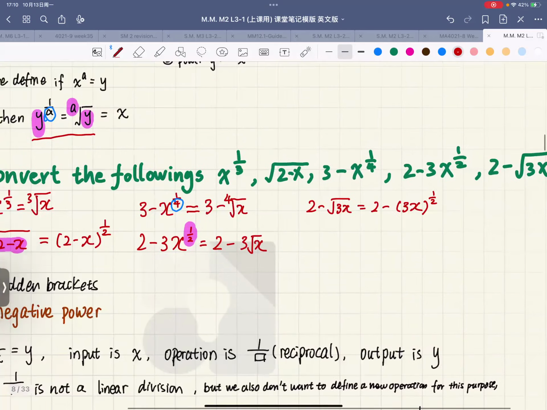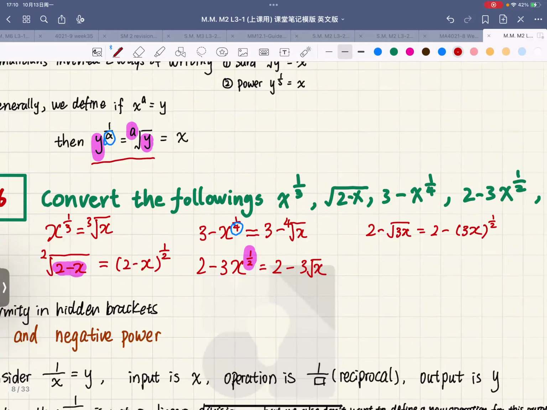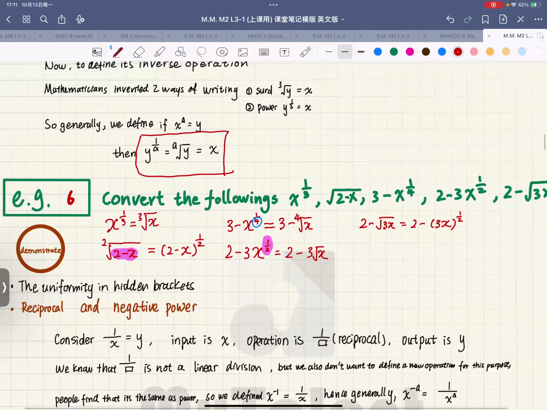Basically, we use this formula. I think you should have this formula on your formula sheet, but it's good to memorize.